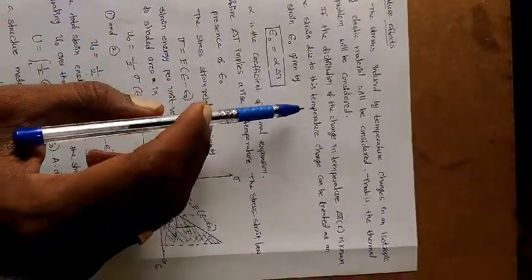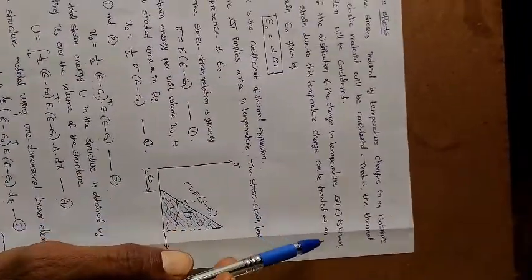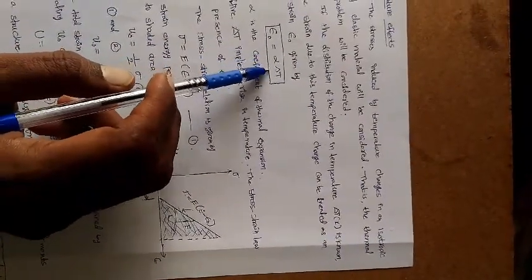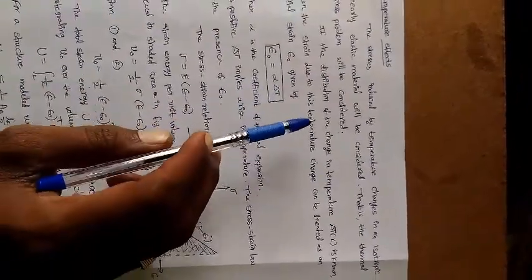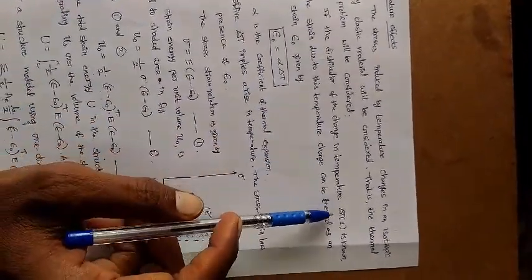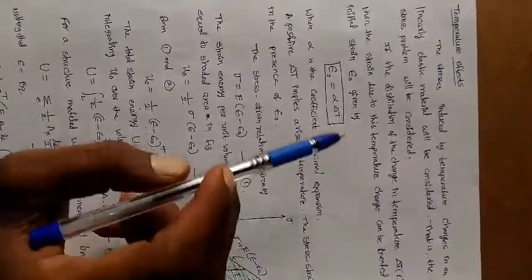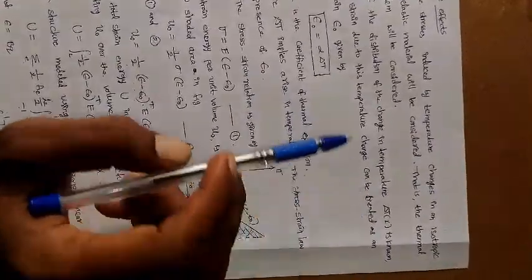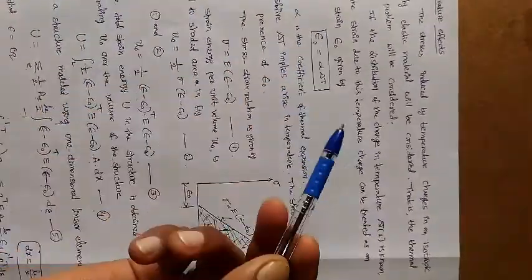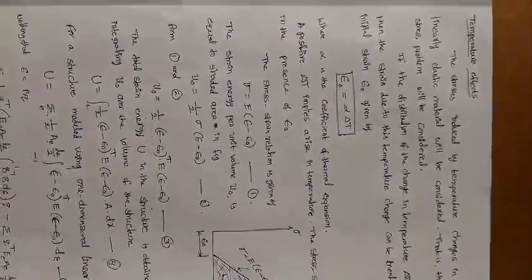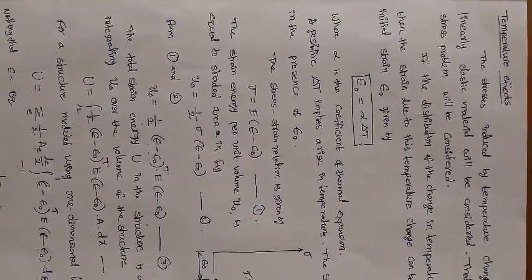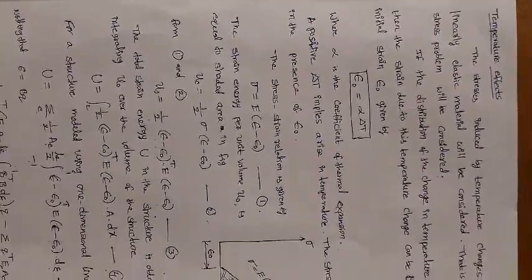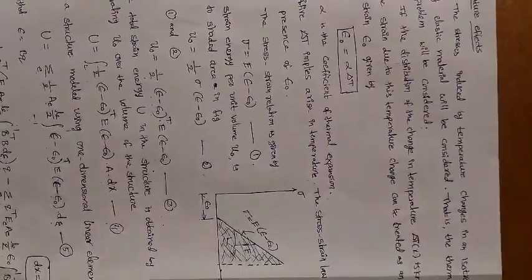Then the strain due to the temperature change can be treated as an initial strain epsilon naught, given by epsilon naught is equal to alpha into delta T, where alpha is the coefficient of thermal expansion. A positive delta T implies a rise in temperature.